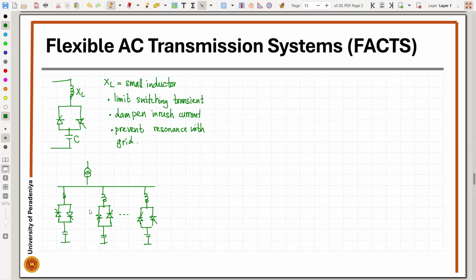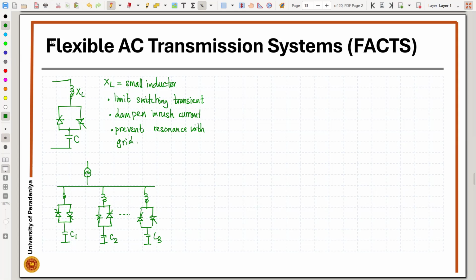When you have multiple TSCs, to get different reactive power injection to the network, you can either turn on one by one or turn on in combinations, and the capacitances of the capacitors can be different. So different amounts of reactive power can be supplied to the network. Also, depending on the network condition, we can turn on different capacitors.